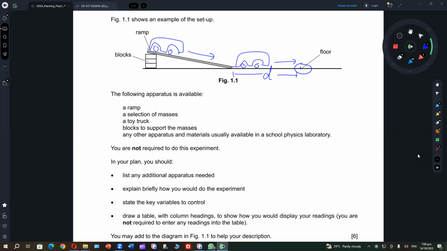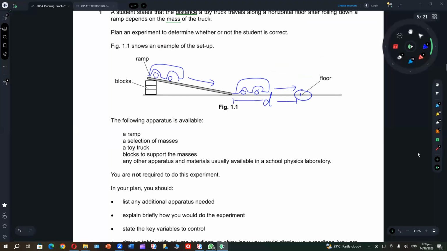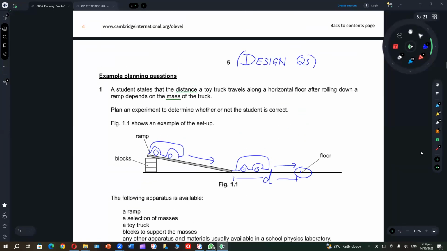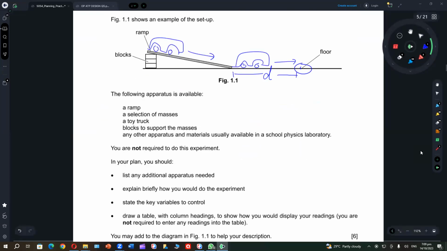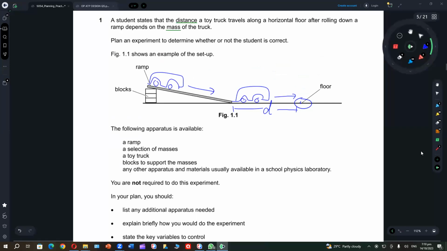The following apparatus is available: a ramp, a selection of masses, a toy truck, blocks to support the ramp, and any other apparatus or material usually available in a school physics laboratory, like vernier caliper, micrometer, ruler, and thermometer, some standard apparatus which are available in the lab. I have given you a model here that the toy truck will slip down the ramp and it will travel some distance, like we used to play with in our childhood, and it will stop after covering some distance.